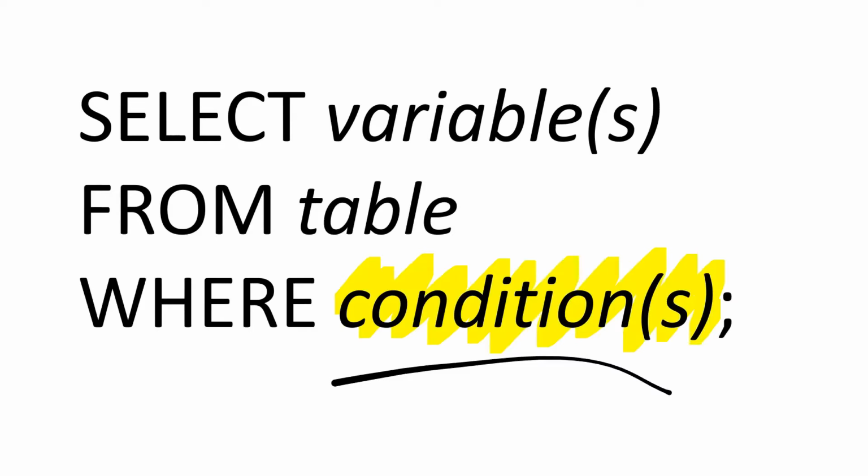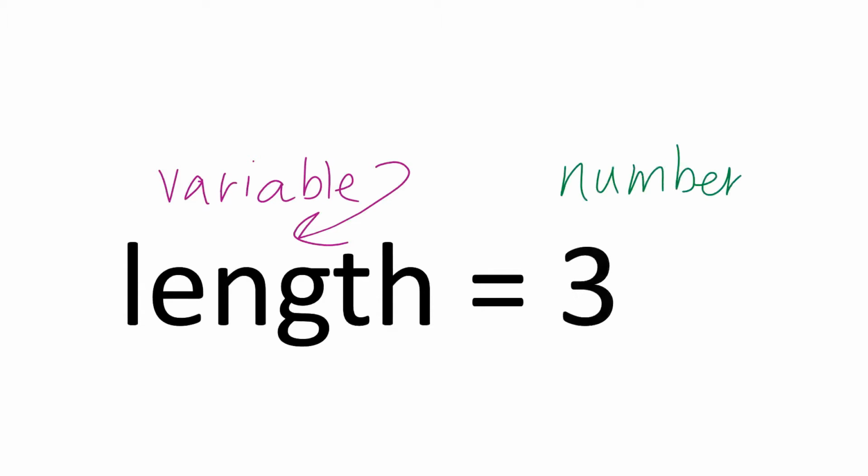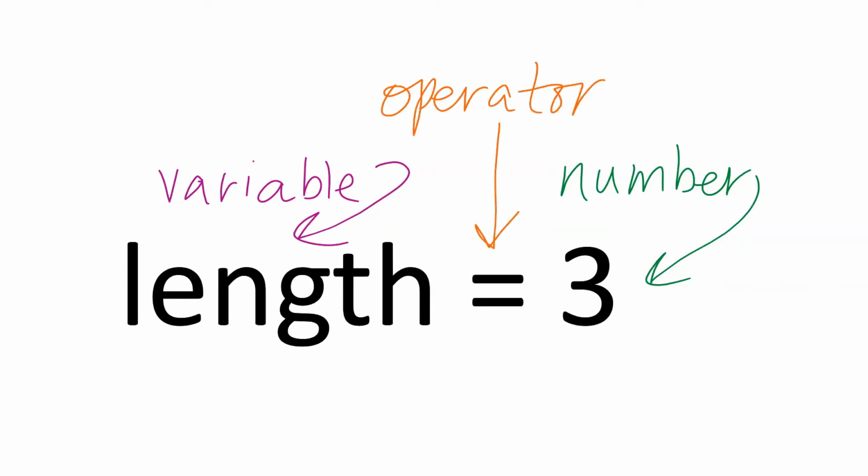A condition is composed of one or more expressions combined with one or more operators. For example, if I said I am interested in all records where the variable length equals 3, length is a variable in the table, and 3 is a numeric value to which each record of length is compared.